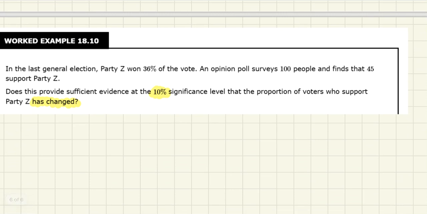Now the difference between that and this one: that previous one was a one-tailed test. This, because it just says changed, it doesn't say changed up or changed down, is a two-tailed test. So what that means is, if we consider the diagram like we did before, we actually have two regions to consider: a region at this end for more than, but also a region at this end for less than.